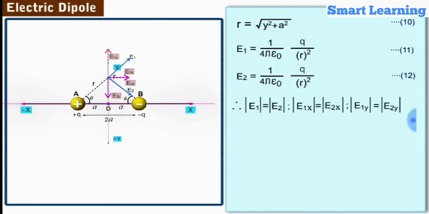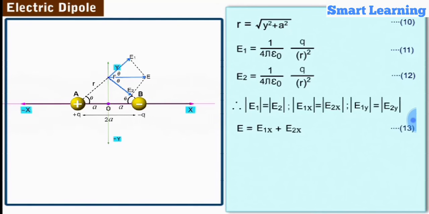Since the electric field strengths E1 and E2 are of equal magnitude, the components E1x and E2x will be equal. Similarly, E1y and E2y will be equal. We also observe that the components E1y and E2y are oppositely directed and so cancel each other. Therefore, at the point F, the resultant electric field strength E is equal to E1x plus E2x. Let us label it as equation 13.